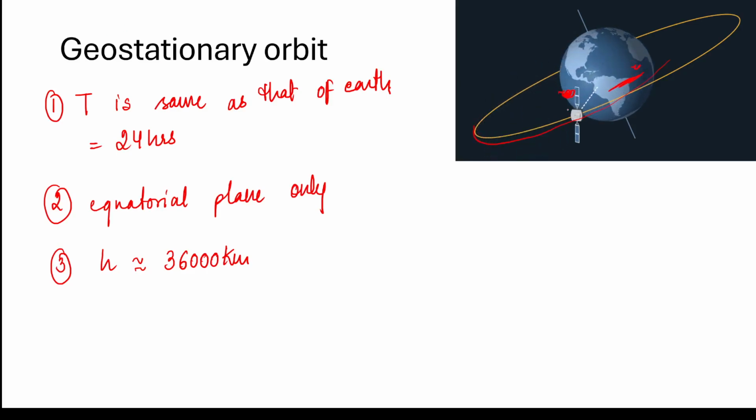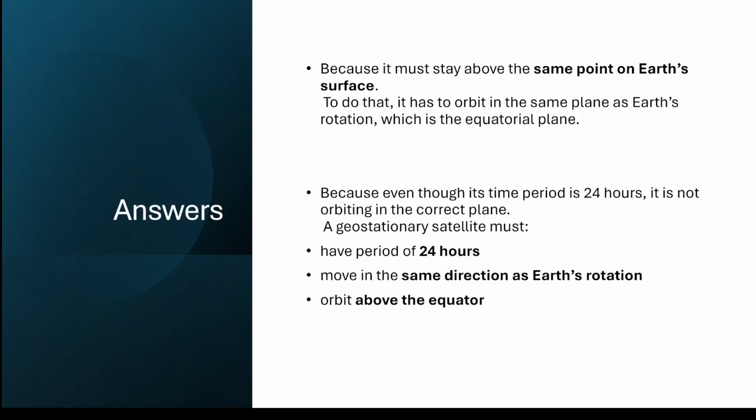With respect to this position on Earth, it looks like it's always above us. It is stationary with respect to us because it is moving at the same speed as us. So if it is not in the equatorial plane, it is not geostationary. Okay, here we go, so correct answers, and that's it.